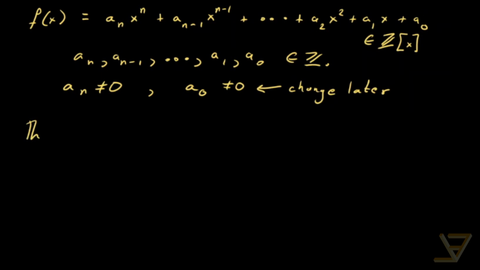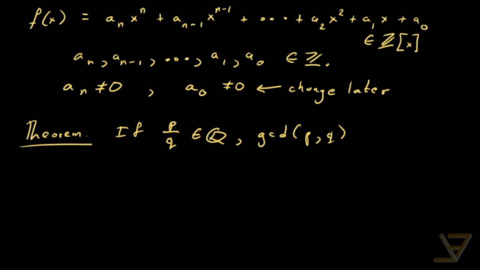So here's what the theorem says. It says that if p over q is in the rational numbers, and the greatest common divisor of p and q is equal to 1, meaning p and q are coprime. That means they don't share any factors other than 1 and negative 1.